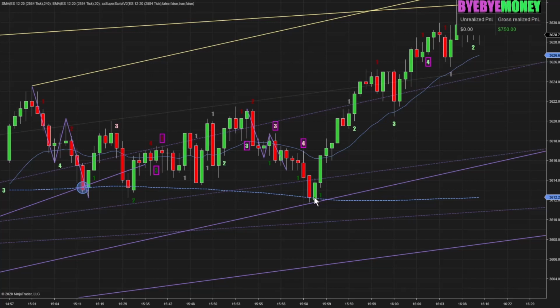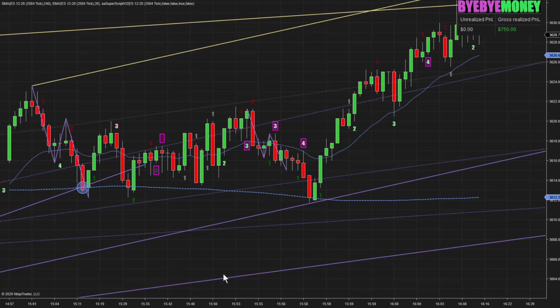Yes, just realized that was a pretty nice two-legged pullback right here, down to the 240 SMA. But anyways, we like to find the two-legged pullback on the key areas, as mentioned.